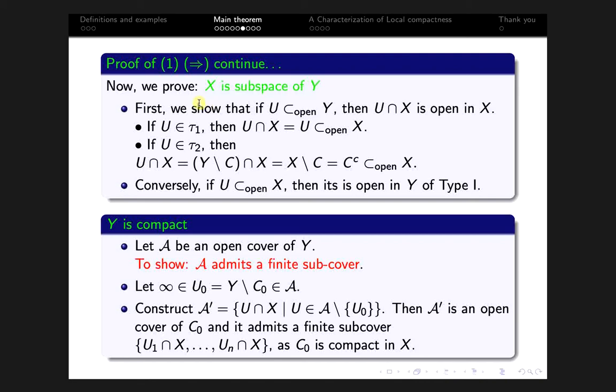If U belongs to tau 1, then U intersection X equals U, which is open in X. This is trivial.